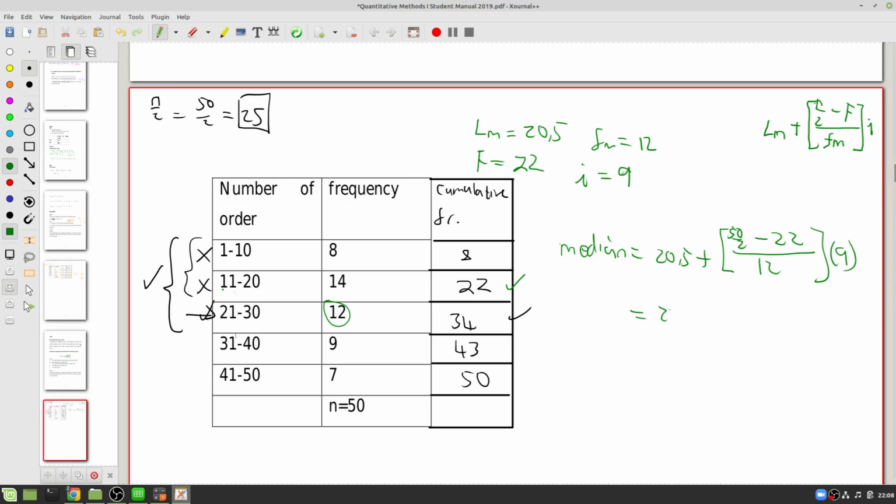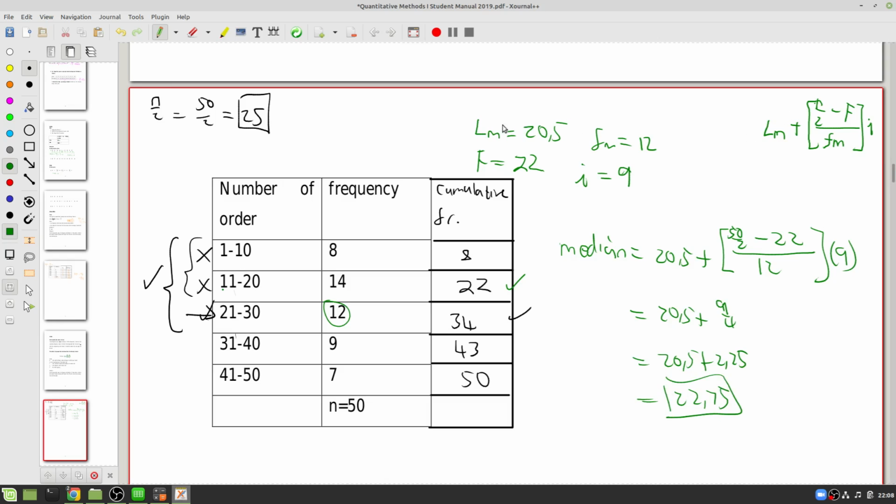Let's work this out. 20.5 plus 50 over 2 is 25, 25 minus 22 is 3, 3 over 12 is the same as 1 over 4. Multiply that by 9, we get 9 over 4, which is 2.25 in decimals. So we get 22.75. There we go, that is our median.